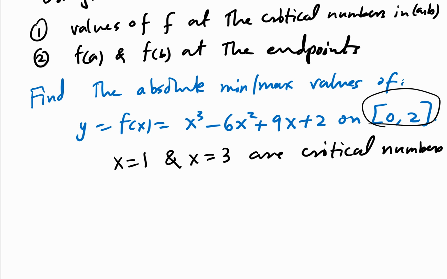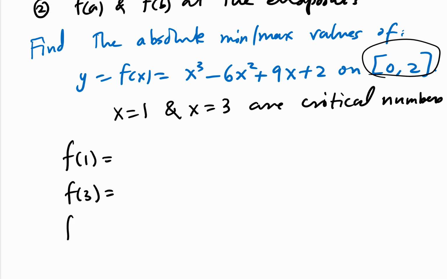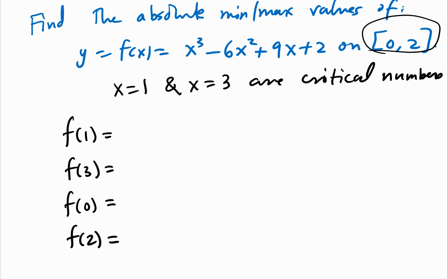So what do we do in this case? Since it is outside, what I need to do is evaluate the function at the critical number, and then we also evaluate the function at the endpoints. The endpoints are 0 and 2. So what is f of 1?